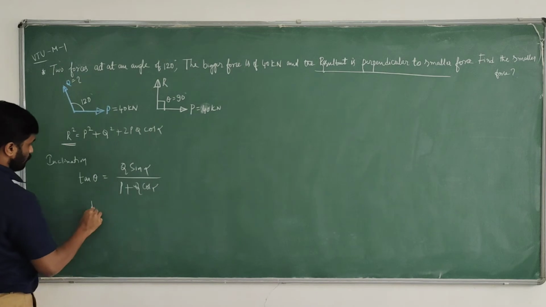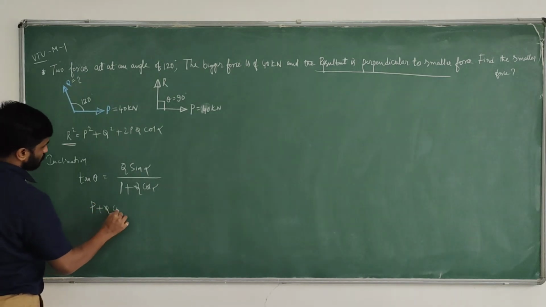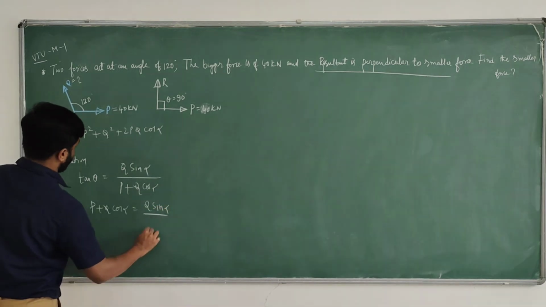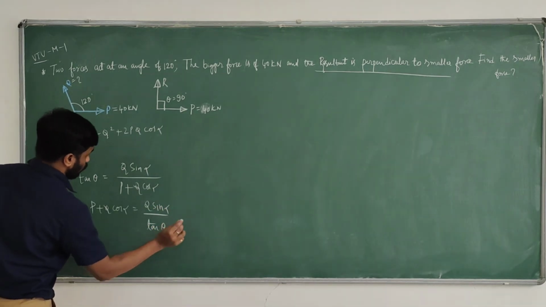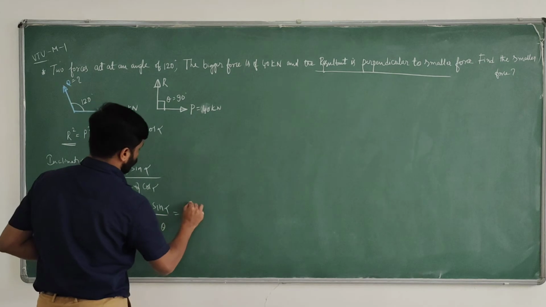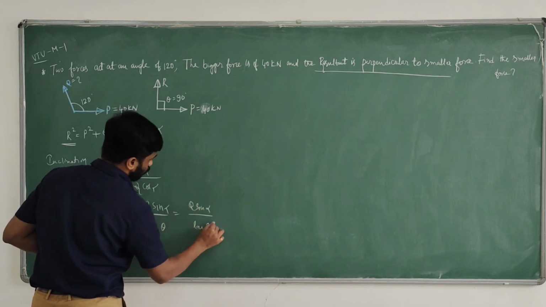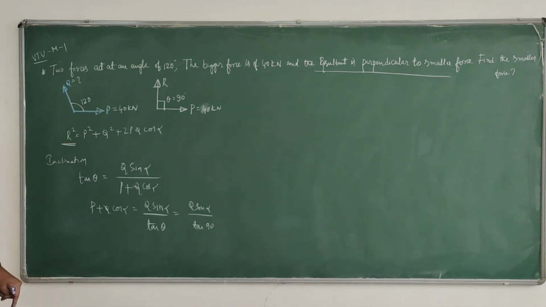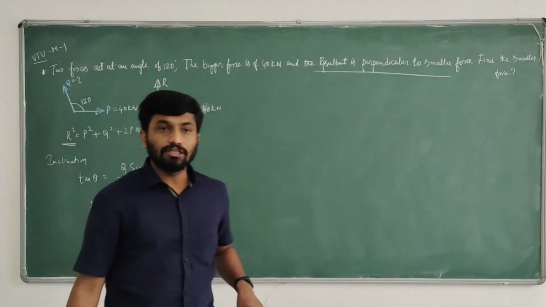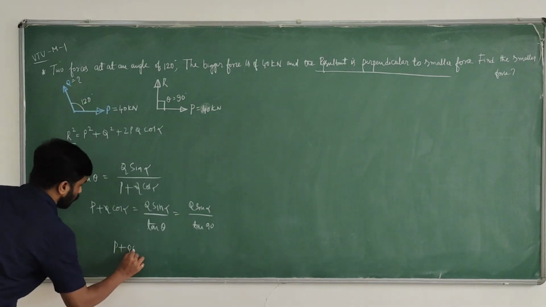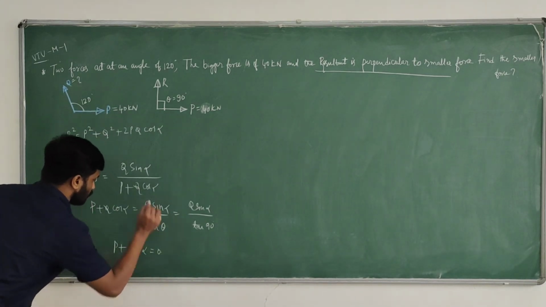So P plus Q cos alpha equals Q sin alpha divided by tan theta. Tan 90 is infinity, but 1 by tan 90 equals 0. So we get P plus Q cos alpha equals 0.